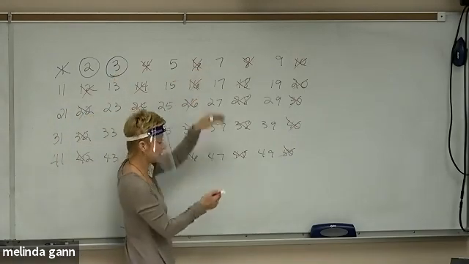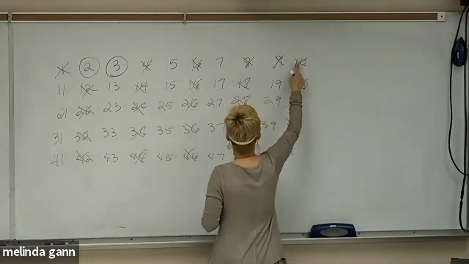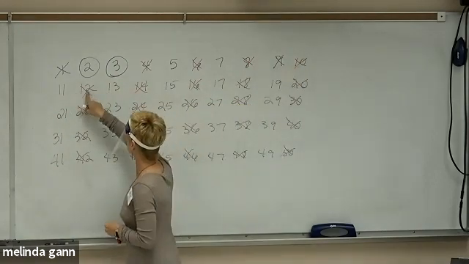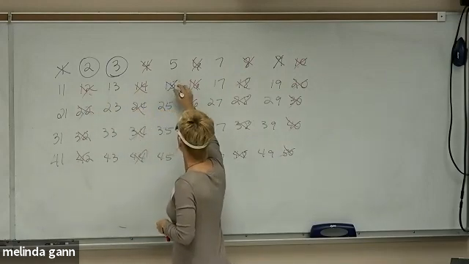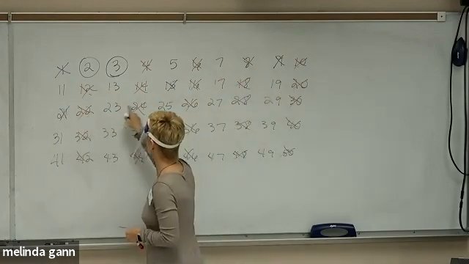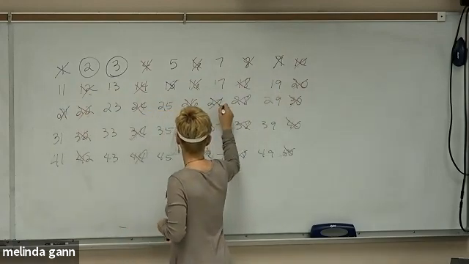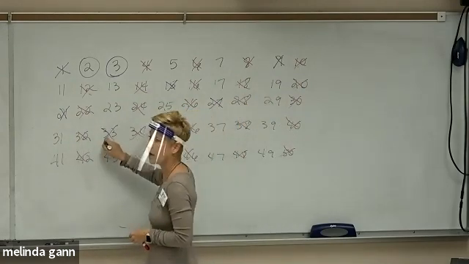But I've got to cross out this 9. And 3 times 4 is already there, but I've got to cross out 3 times 5. Is everybody with me? So all these multiples of 3 have got to be crossed out. 1, 2, 3, it's gone. 1, 2, 3, 27's got to leave. 1, 2, 3, it's already gone. 1, 2, it's got to go.